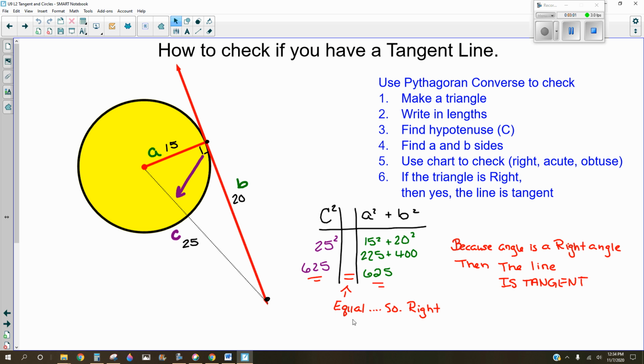Those are equal to each other, so I have a right triangle. And because I have a right angle, the line is a tangent line. It's a true statement. This is an example you're going to want to write down, and we'll do some more together, because in your assignment you have to check a few of these. So let's take a look.